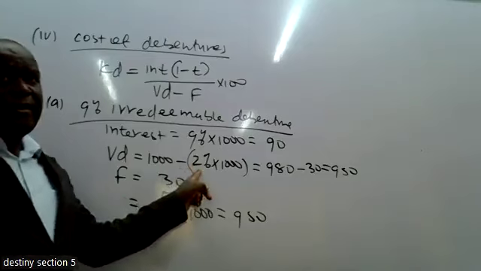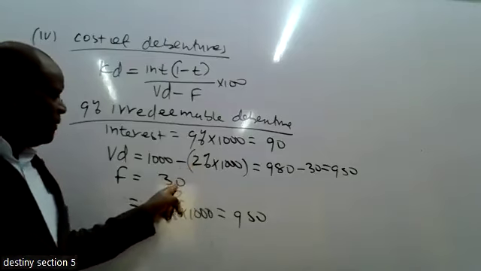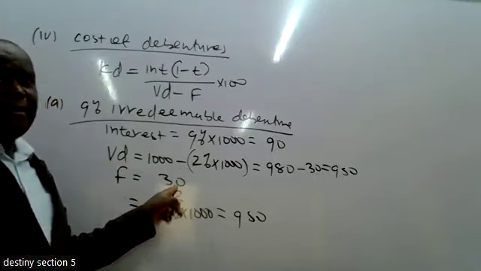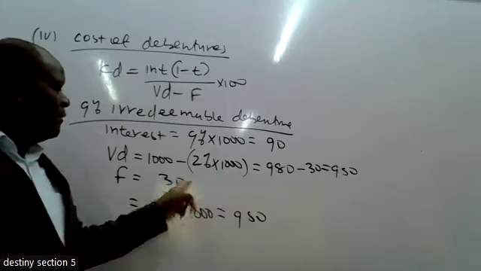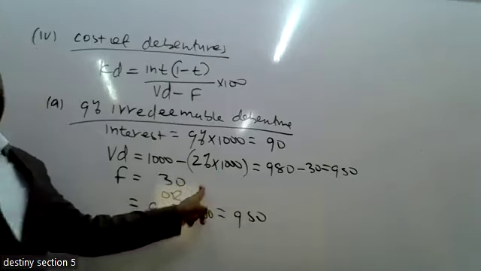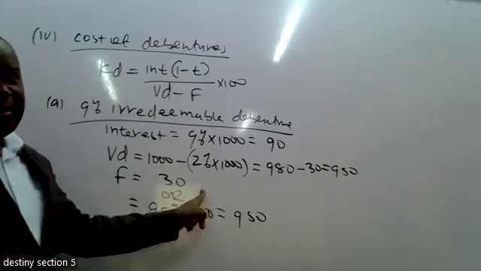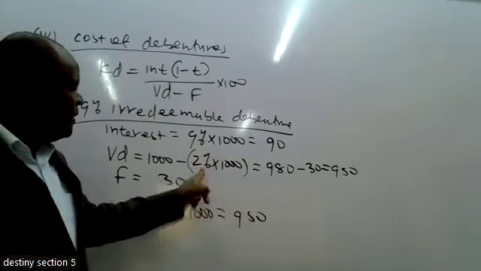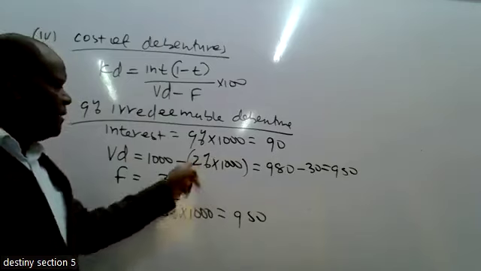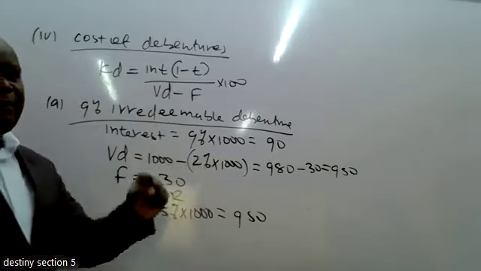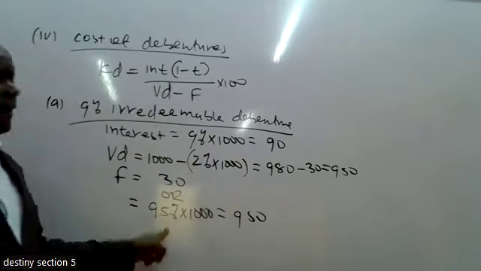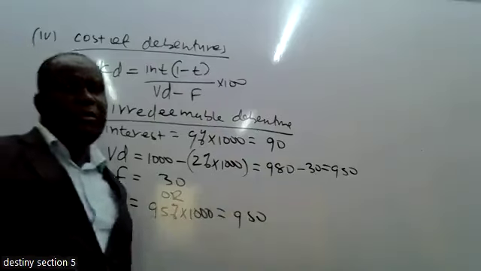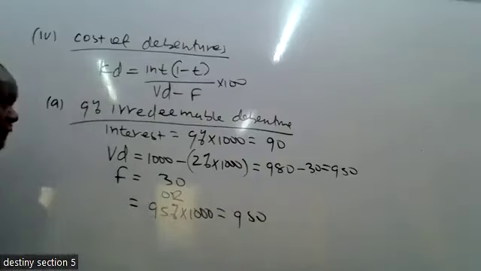There is this 2%, then this 30 divided by 1,000, because the par value is 1,000, expressed as a percentage. It will be 3%, isn't it? So the 2% and the 3% add together to make 5%. That 5%, when subtracted from 100, gives 95%. So 95% of the 1,000 is what gives you 950. So that's now the alternative part.